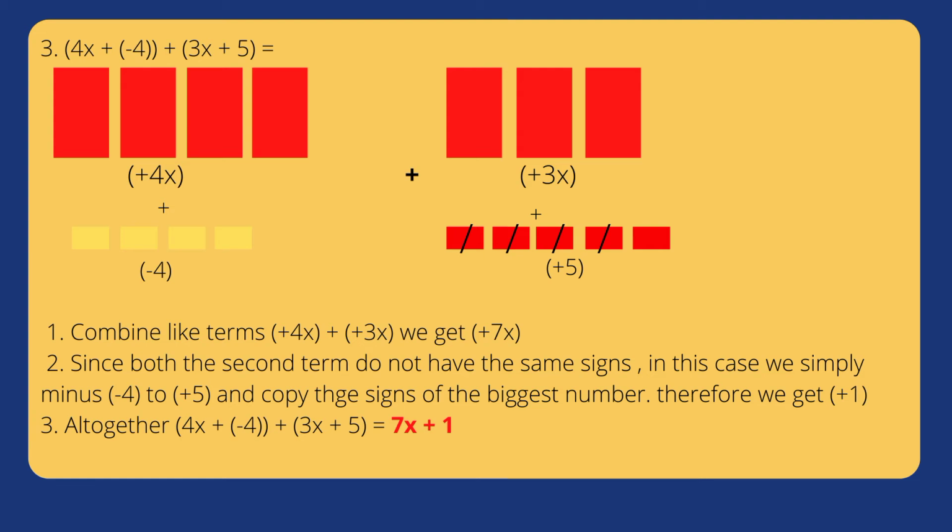Since the second terms do not have the same signs, in this case, we simply subtract negative 4 from positive 5 and copy the sign of the biggest number. Therefore, we get positive 1. Then altogether, 4x plus negative 4 plus 3x plus 5 is equal to positive 7x plus 1.